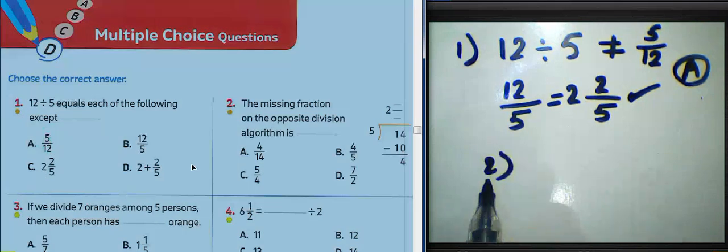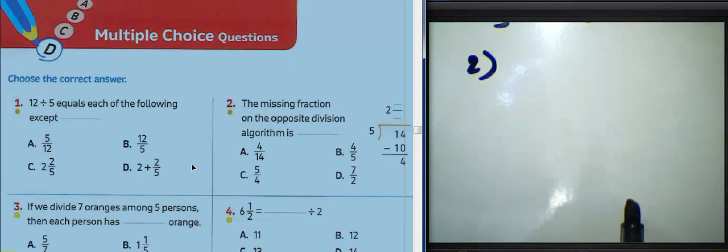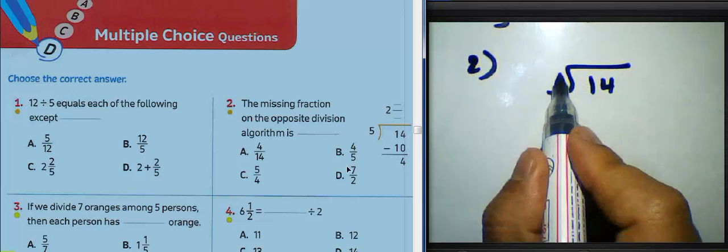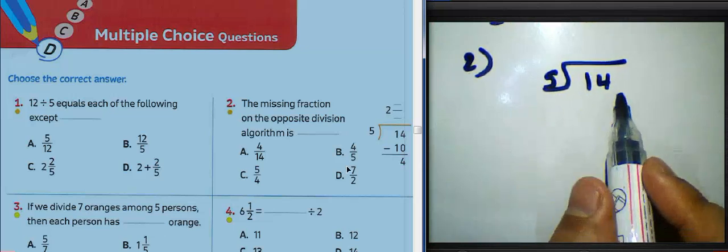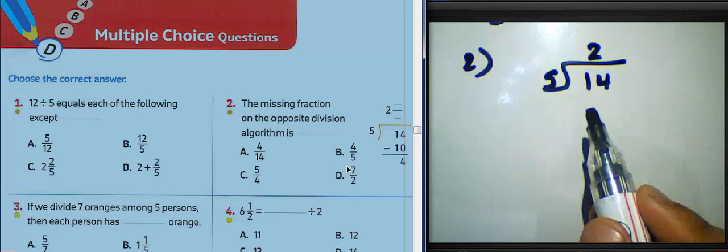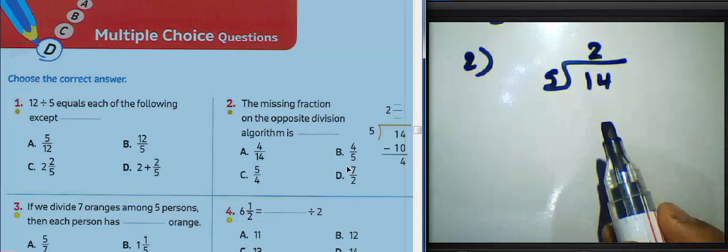Question number 2. The missing fraction on the opposite division is space. He asked about 14 divided by 5. We can find the result. 14 divided by 5 equals 2 and remainder what? 2 times 5 equals 10 and remainder 4.